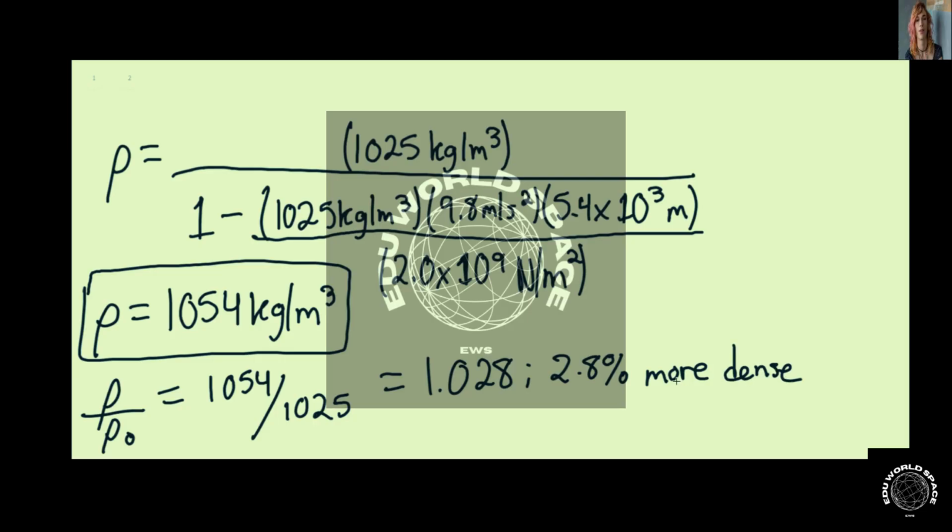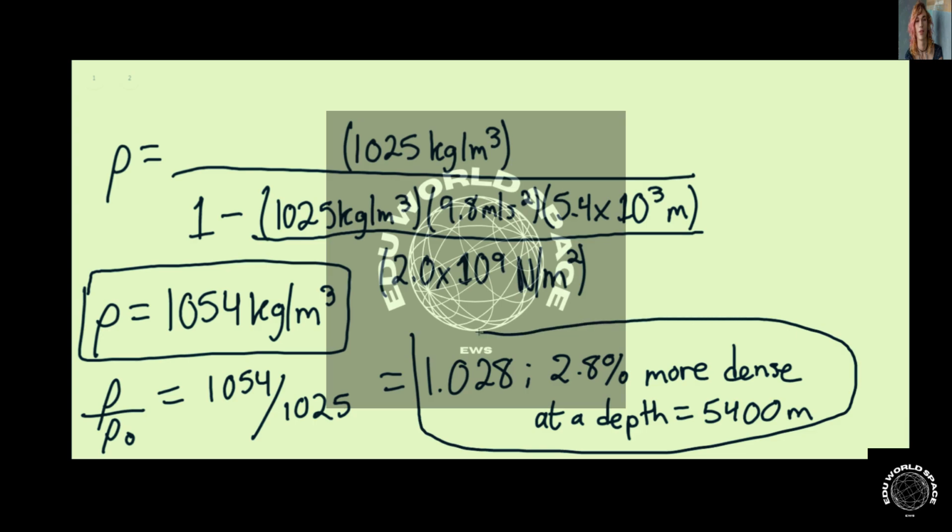The density of water will increase by 2.8% at a depth equaling 5,400 meters. So this would be your second part of the answer. That is the end of the solution.